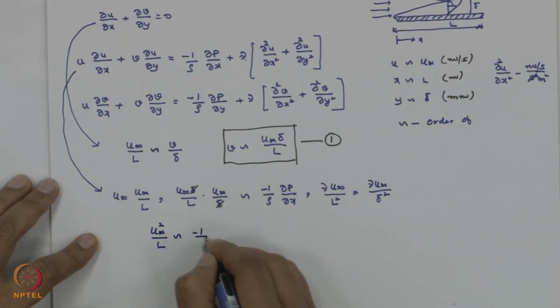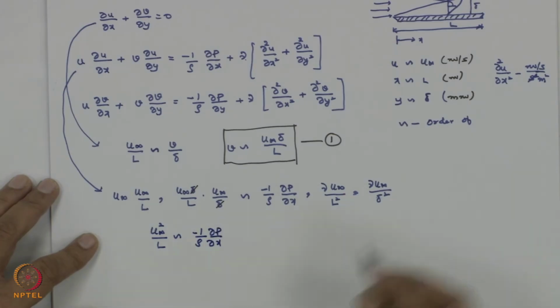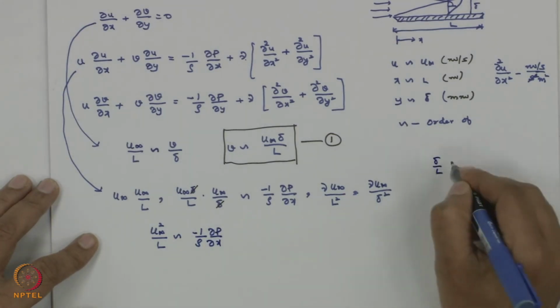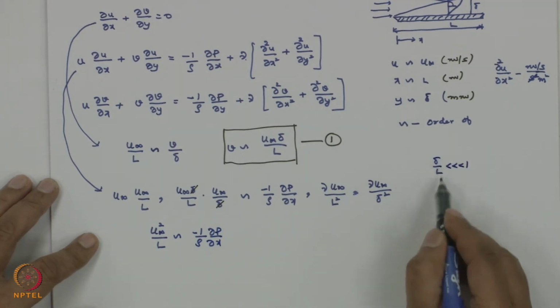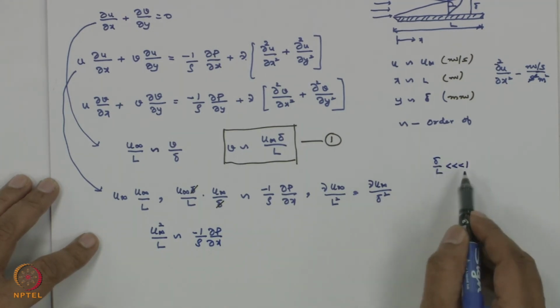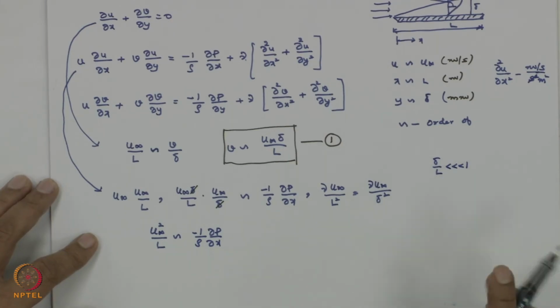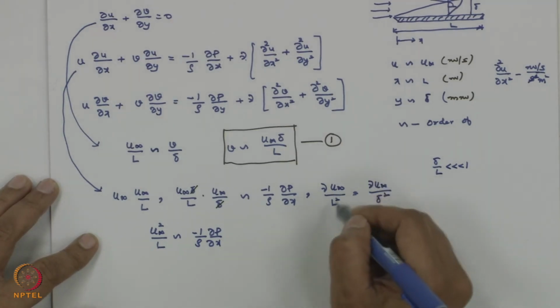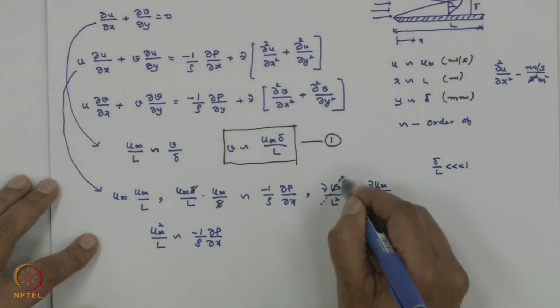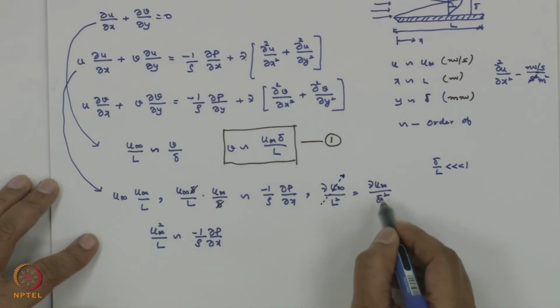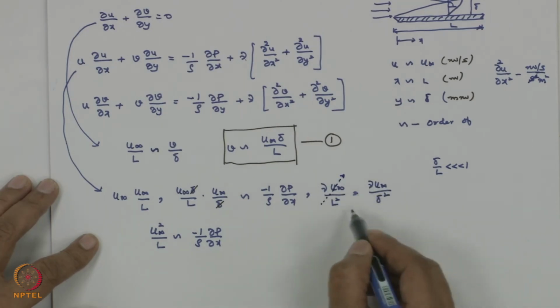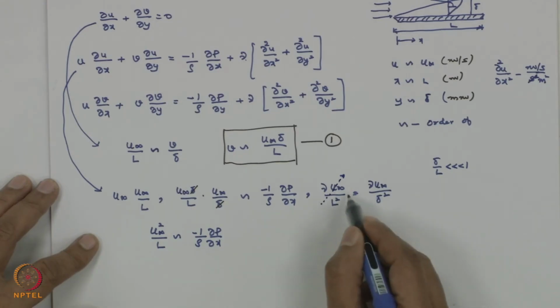Now, remember delta by L is very much less than 1, because delta is mm and L is meters. It can be imagined like 0.001, which is very small. Taking that clue, nu u infinity by L squared would be very small compared to nu u infinity by delta squared, because L squared is in the denominator.